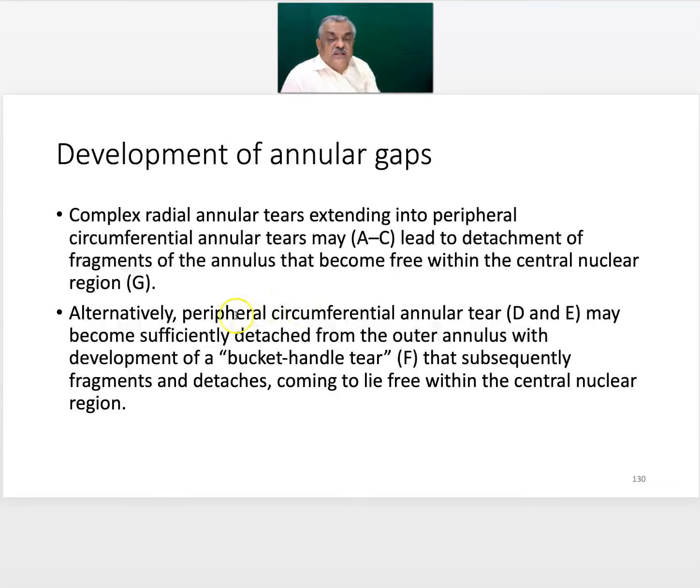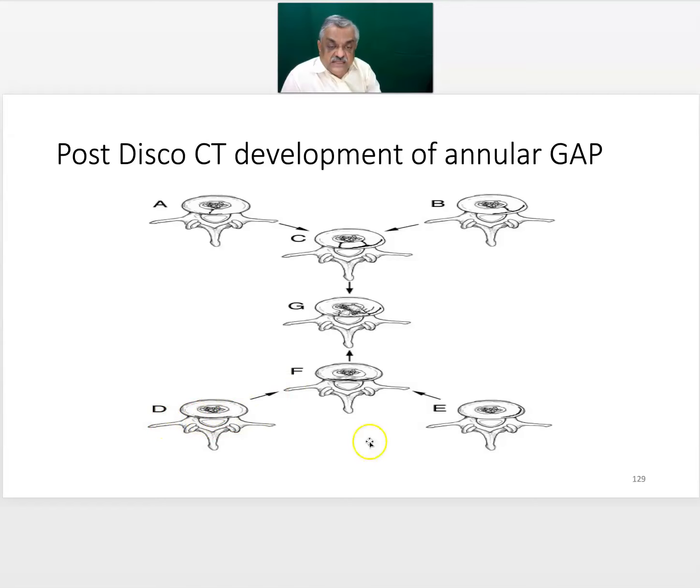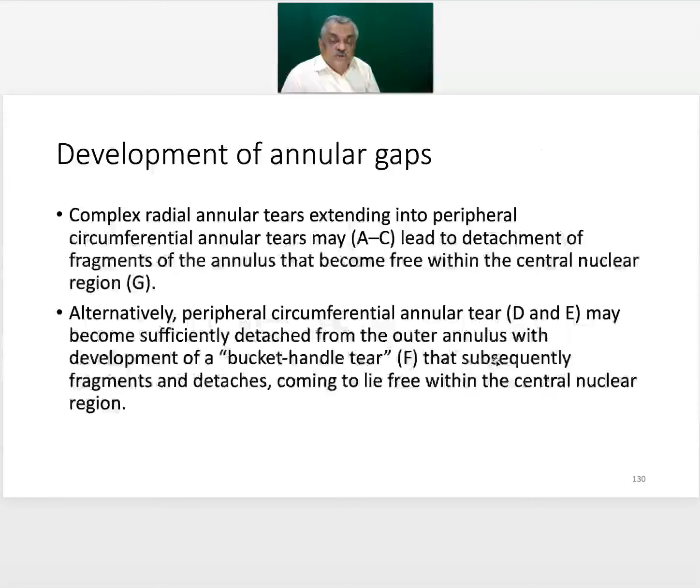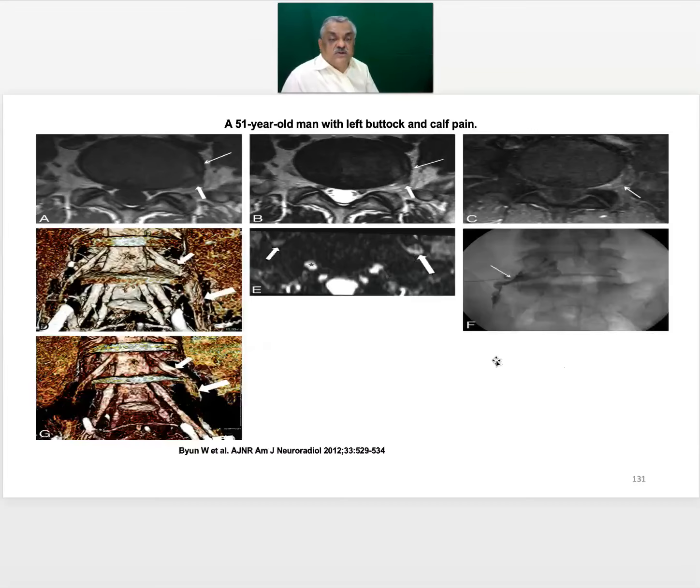Alternatively, a peripheral circumferential tear, that is D and E, may become sufficiently detached from the outer annulus, giving rise to a sort of bucket handle tear, which becomes like this, F. Now this is very important, where we know that the internal architecture of the disc is shattered, and this may be one of the common causes of pain in the lower part of the back.